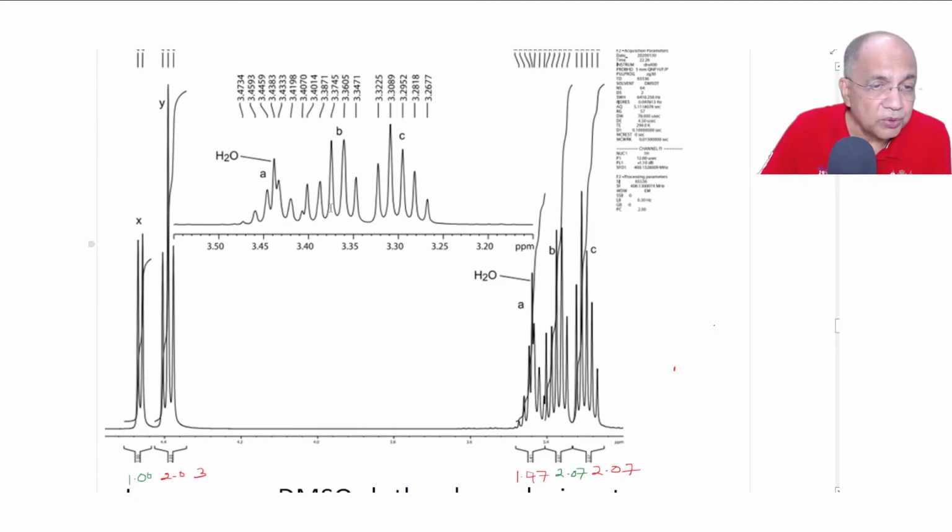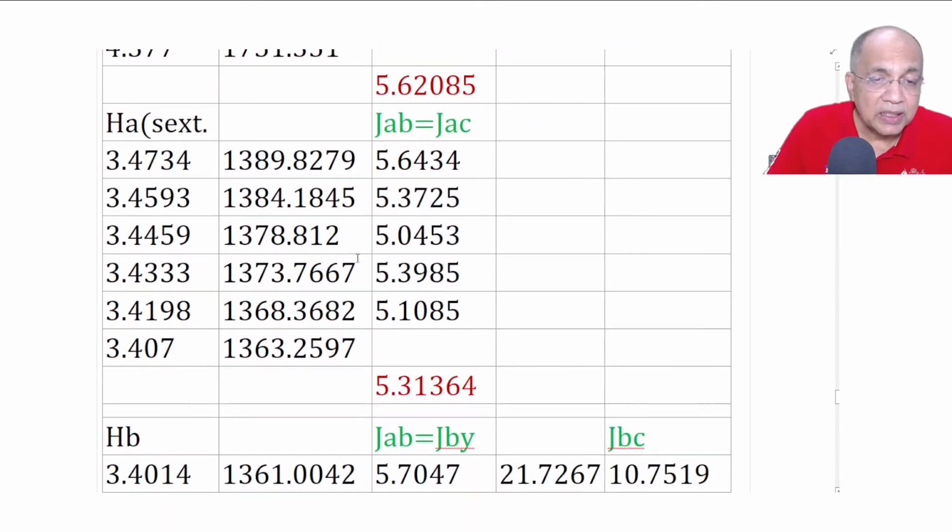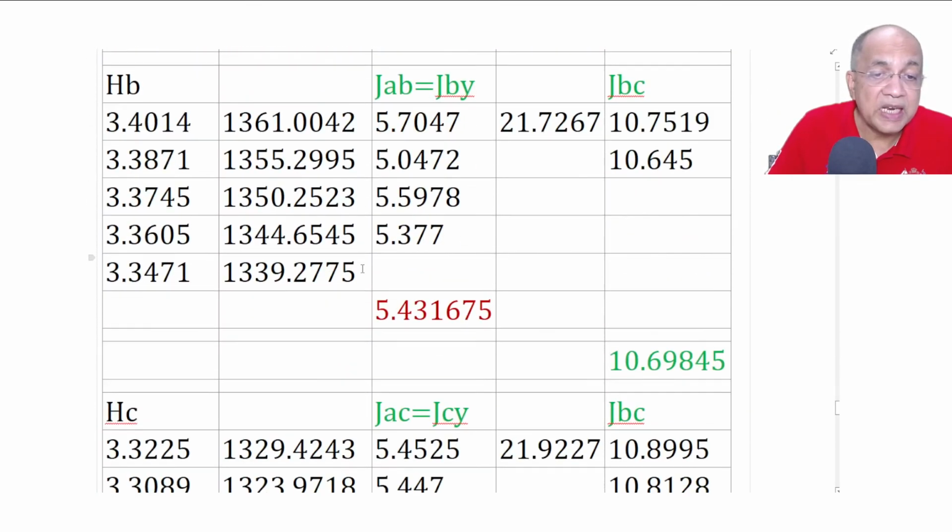These will give you the small j, and from this to this, first to third, that will give you the big J. So we have done that. This is for B. We have got so many values. For small j, it is coming 5.4, and for the big J, we have taken only 2 reliable data. So the average is 10.7, almost.